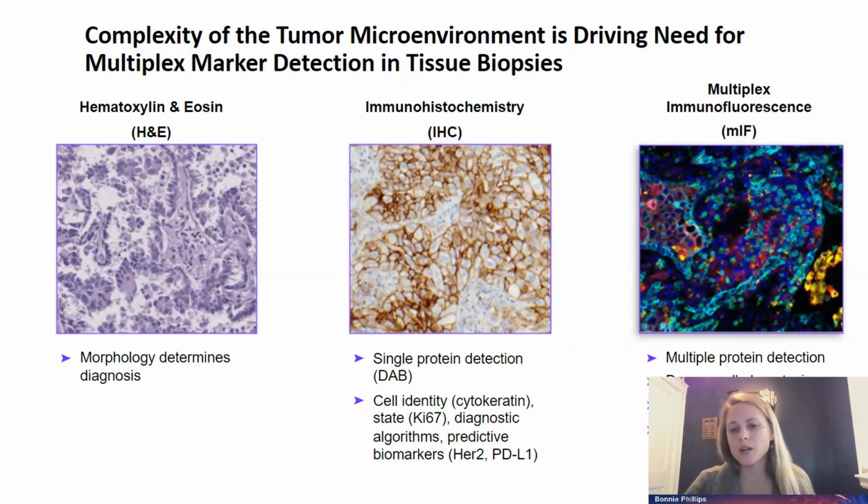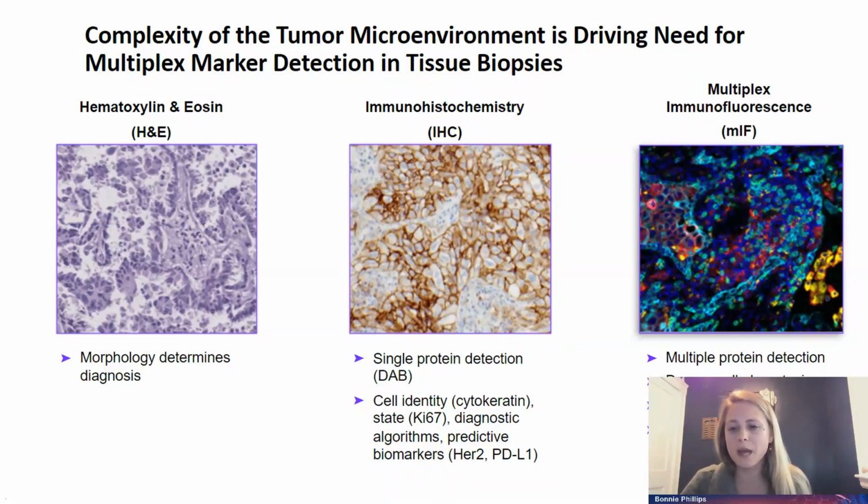Of course, that's where traditional IHC comes into play, specifically DABs. These do allow for single, or in some cases, a few proteins being detected at one point in time on one tissue section. So traditional IHC can be used to identify expression of proteins, as well as simple cell phenotypes.